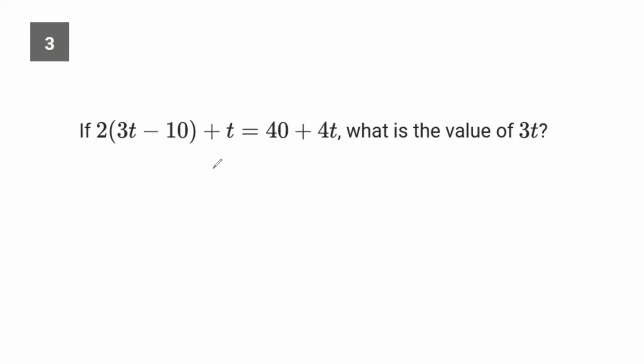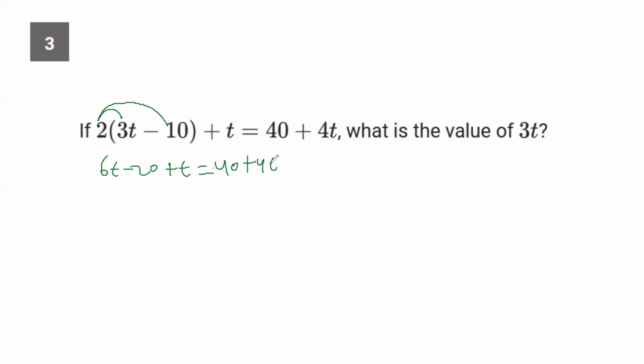So if 2 parentheses 3t minus 10 plus t equals 40 plus 4t, what is the value of 3t? So we have t's on both sides. Let's try to combine everything, clean it up. First, we're going to distribute, right? The 2, boom, boom. So we're going to get 6t minus 20 plus t equals 40 plus 4t.